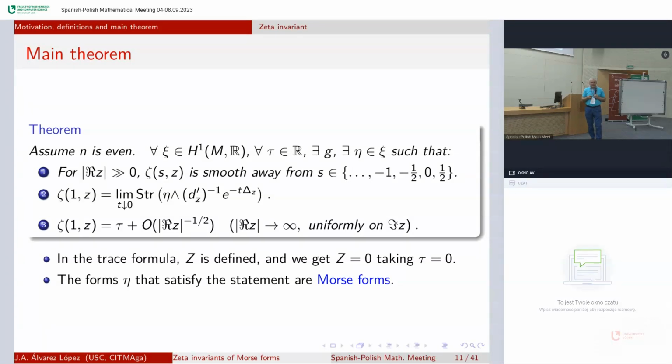We can prescribe the value, and this holds for any parameter c: it is tau plus something of order this expression which goes to c. So in the trace formula, we can choose eta and the metric so that the distribution c is well defined, and moreover we can get that it vanishes taking tau equal to c. So this is the purpose of this theorem.